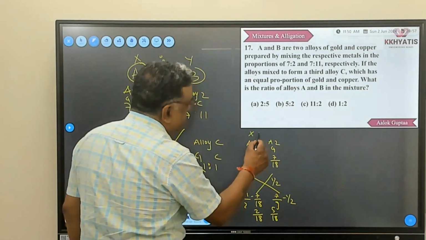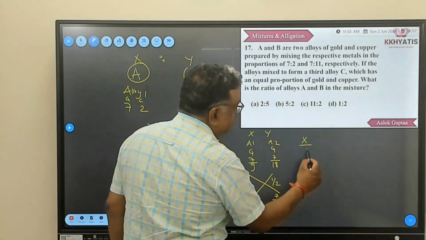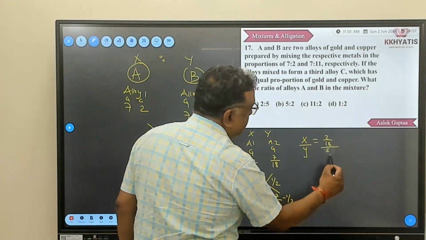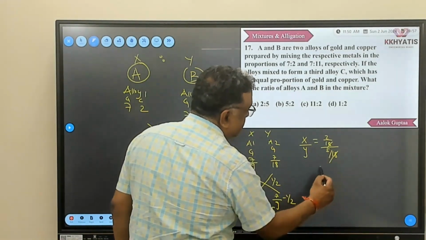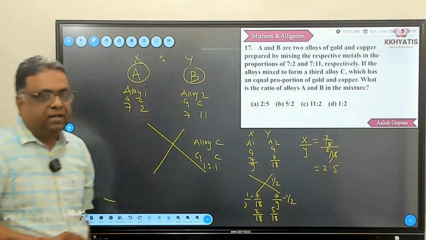So the ratio of quantities of these two mixtures would be in the proportion 2/18 is to 5 upon 18. 18 got cancelled. So 2 is to 5 should be the answer. Okay.